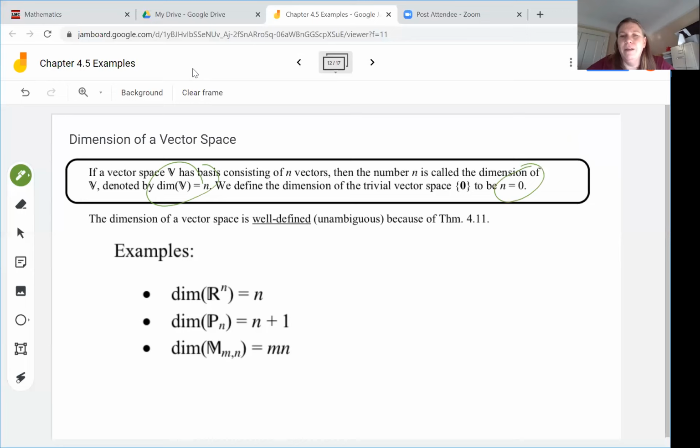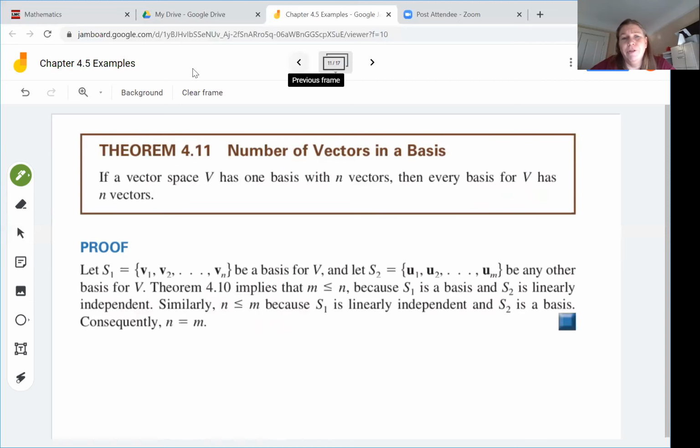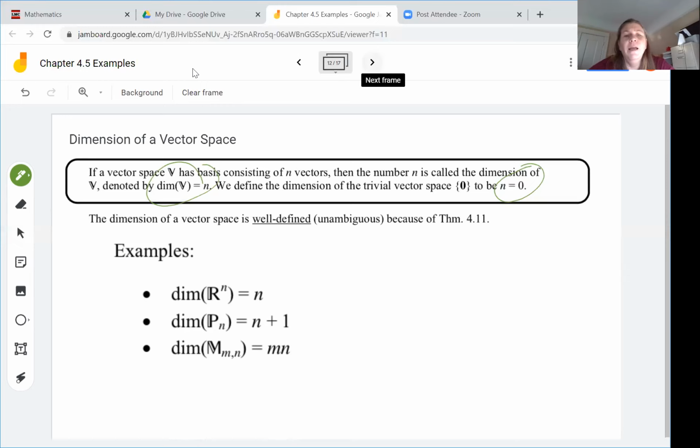We do that so that when we build up to things that have one non-zero vector, it will be n equals 1. The dimension of a vector space is well defined, or in other words unambiguous, because of Theorem 4.11: we've shown that if a vector space has one basis with n vectors, then every basis has n vectors. Here are some examples.